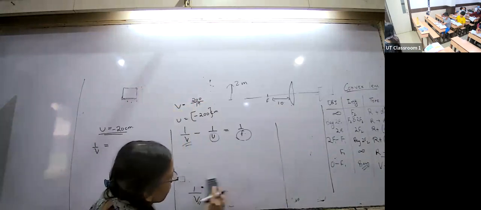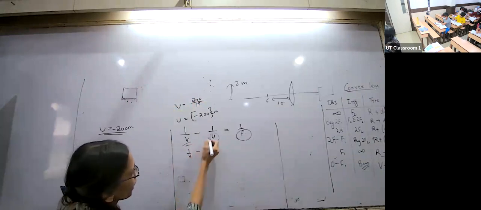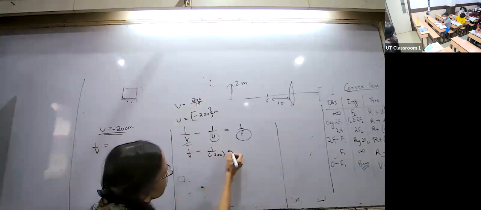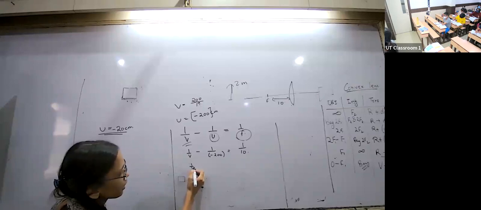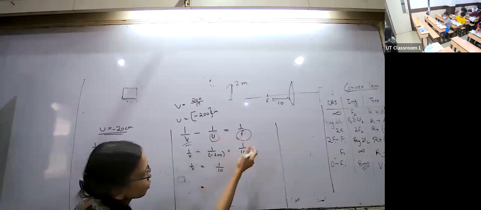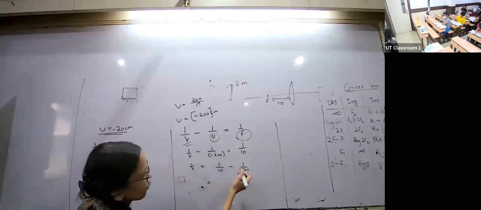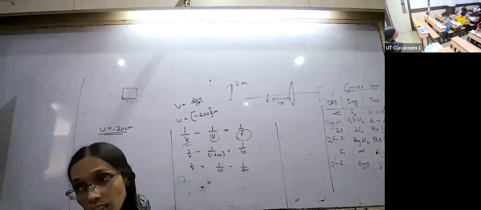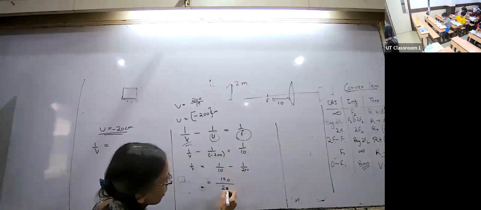Let's do it. 1 by v minus 1 by u, where u is minus 200, is equal to 1 by f, which is 10. So 1 by v is equal to 1 by 10. This minus minus becomes plus. It goes on that side, it becomes again minus. If you simply say this is 200 minus 10, what is 200 minus 10? 190. And below what will come?